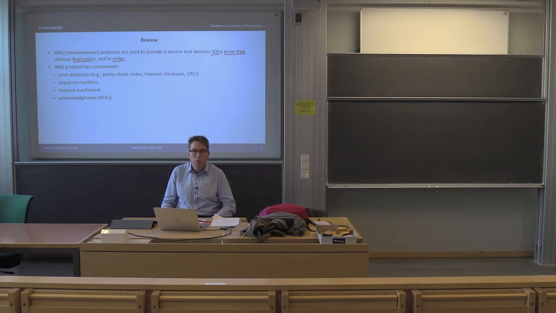This is of course no problem if we have a reliable layer below us, but we will assume that the layer below us is not reliable, that it could lose packets and so forth. So the idea is to anyway try to deliver a service upwards which is better than the service we have below us. That's our goal here.